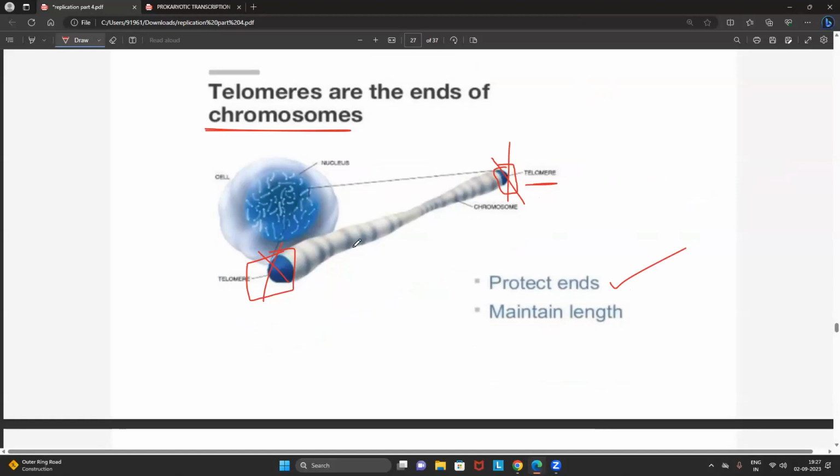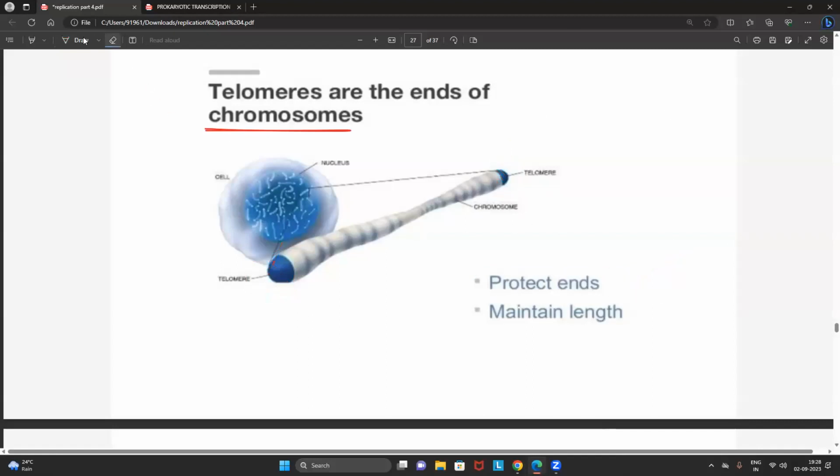Friends, whenever there is no telomere here, listen to my statement very correctly. Many degradative enzymes, many vulnerable enzymes, will come and degrade this DNA because it is not protected. But whenever we add this telomere, the ends of the DNA will be completely protected.